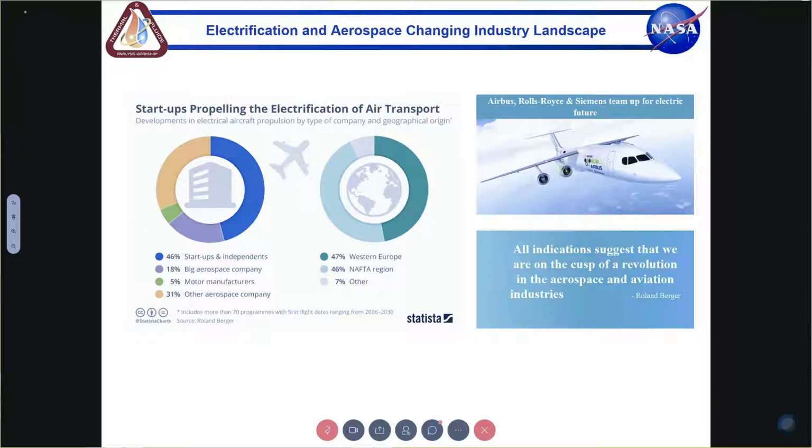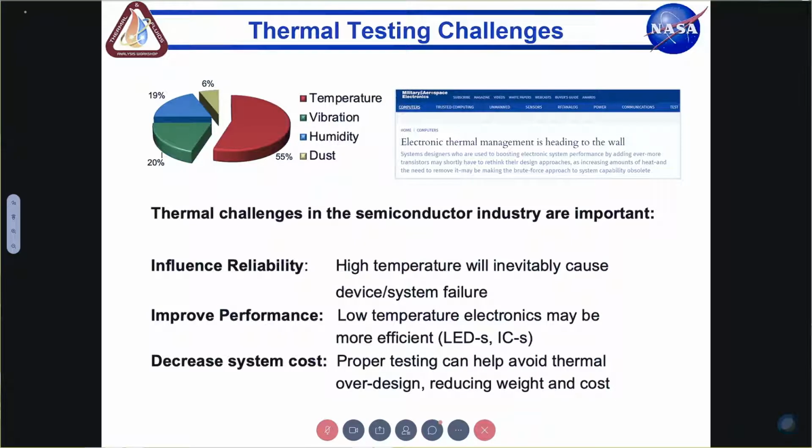And the same thing is happening in the aerospace market as well. And not only small airplanes are being developed, but flying taxis, passenger airplanes with 20 or even higher number of seats. And as the engines of these aircraft are electrically driven, the reliability of the engines and other electronics components is extremely important.